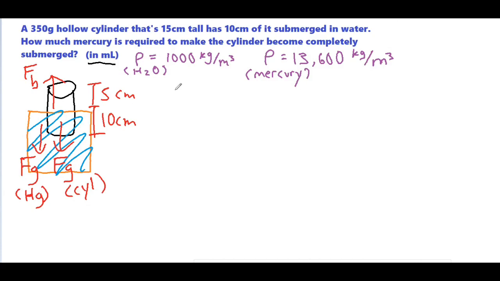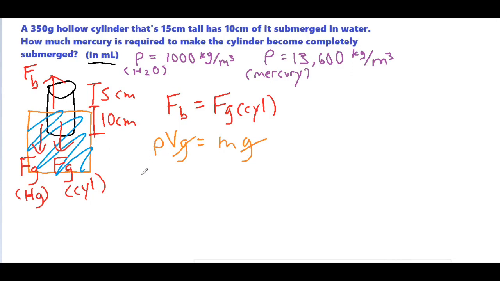All right, so initially we have the buoyant force that's equivalent to the force of gravity of just the cylinder because it's in static equilibrium. Now, at this particular moment, we can say that we have rho Vg equal to mg. The g's are going to drop out.